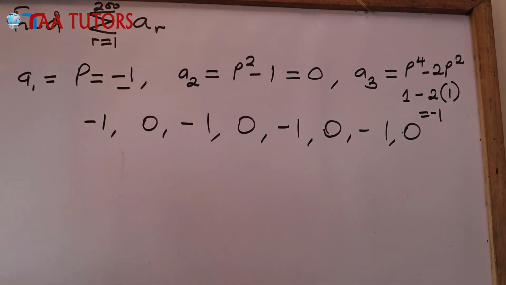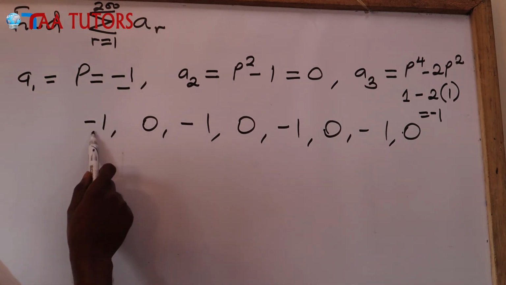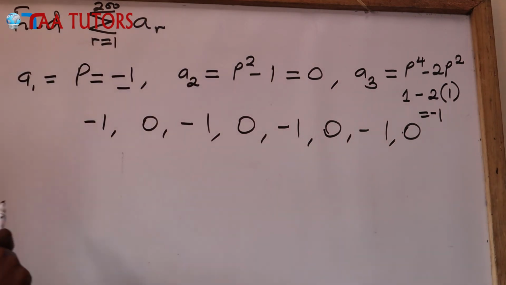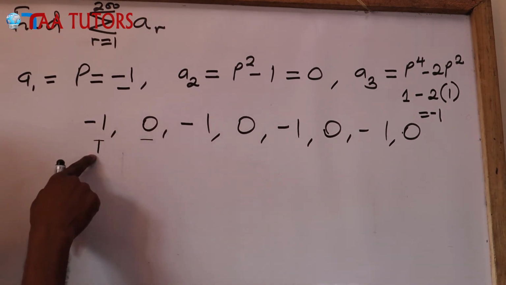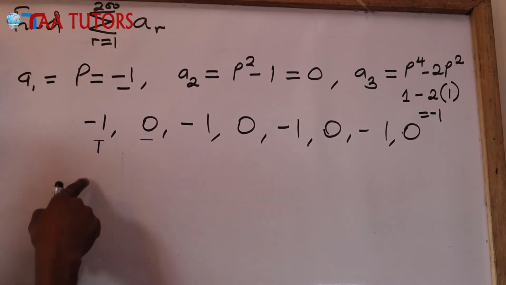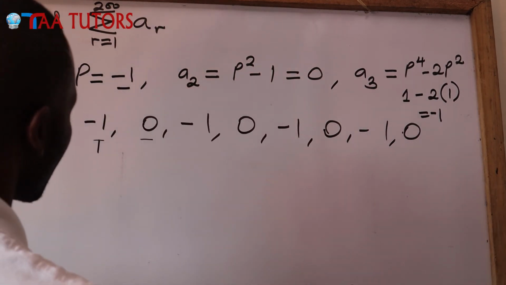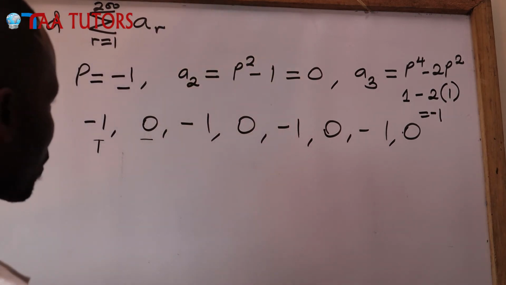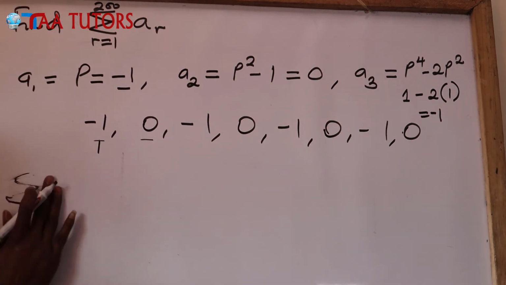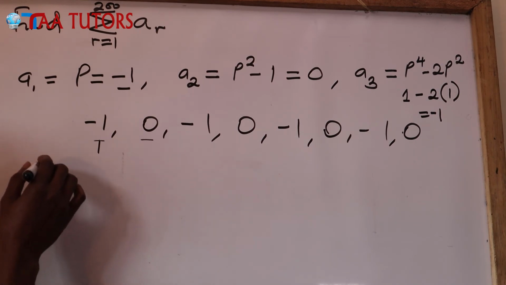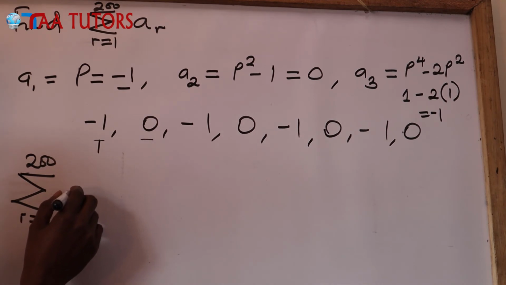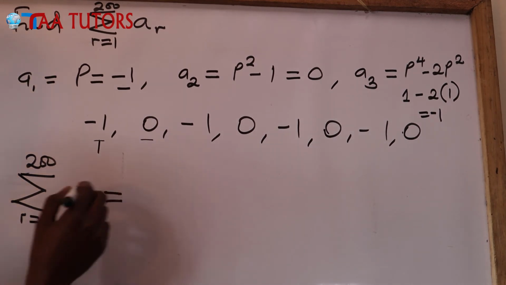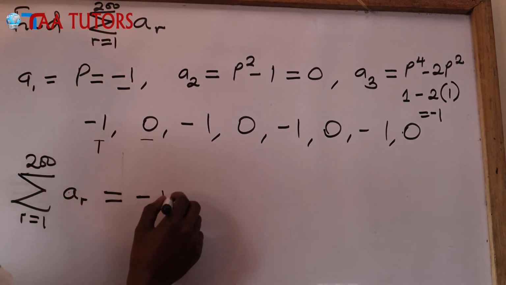So you realize that if we are talking about 200 numbers, there are going to be 100 negative ones and 100 zeros. The odd-numbered terms are going to be -1, and the even-numbered terms are going to be zeros. So if we have the summation of AR where R equals 1 to 200, we simply get -100.